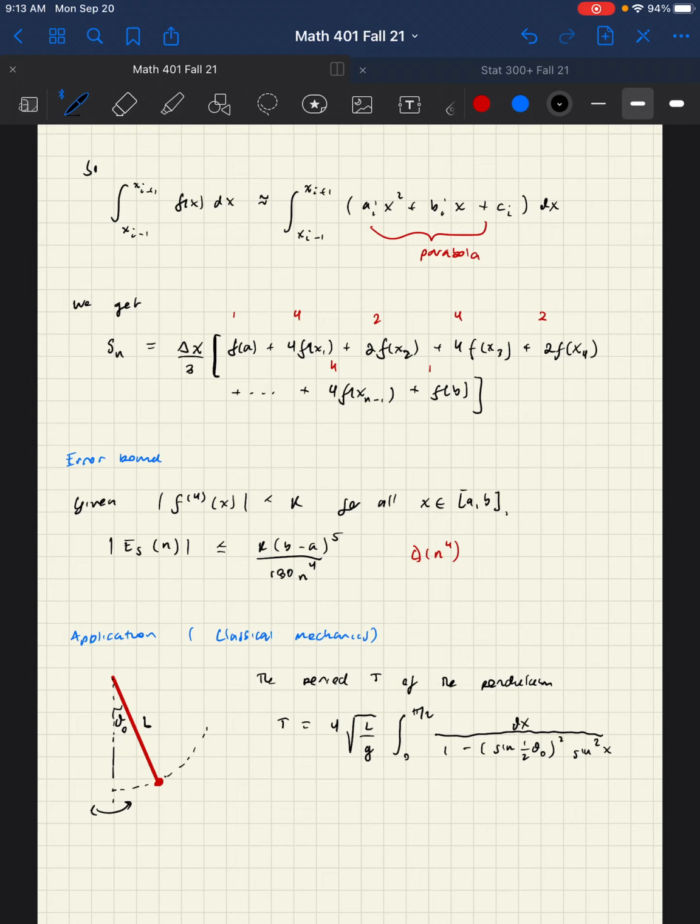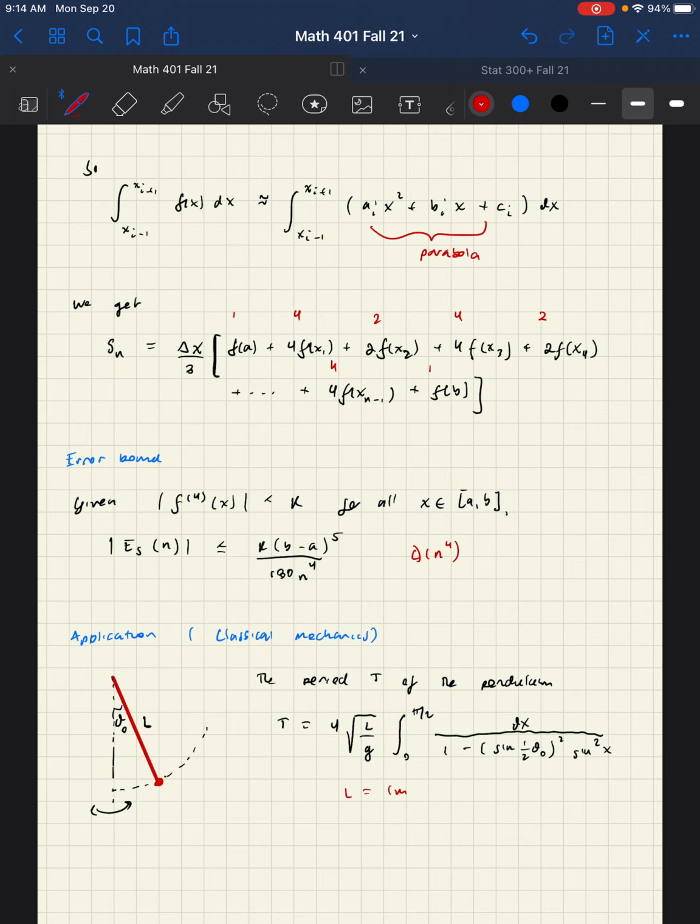So this integral that we have here, we have no current methods to solve this for us. So we resort to an approximation here.